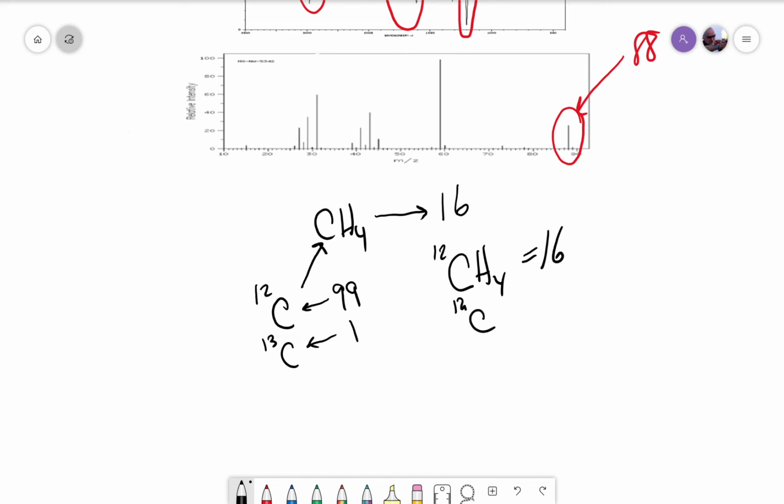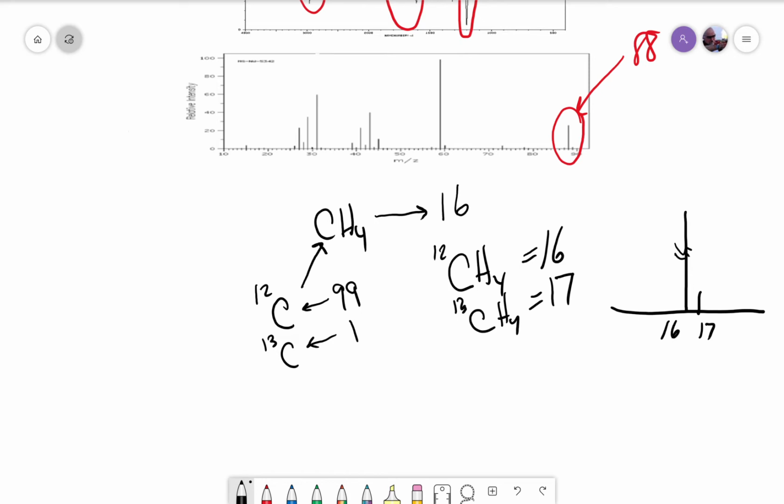But as a naturally occurring isotope, 1 out of every 100 molecules of methane would actually weigh 17. So if we looked at the molecular weight of methane, if we looked at the mass spectrum, there should actually be 2 peaks, 1 at 16 and 1 at 17.